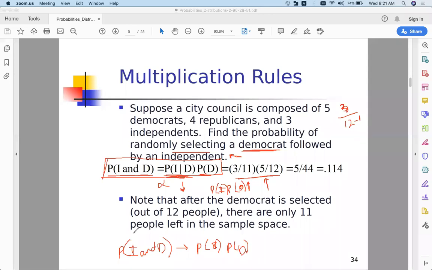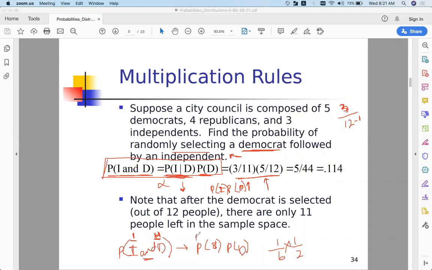Let me explain with an example. Say you roll a dice and it falls on 1, and you flip a coin and it falls on heads. What is the probability? It is 1 by 6 multiplied by 1 by 2, because these two are independent events. I am looking at an outcome where the dice lands on 1 and the coin flip lands on heads.